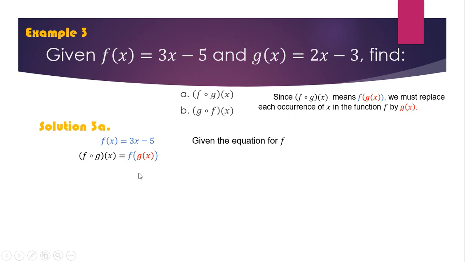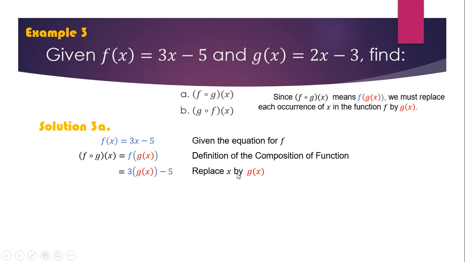And then since what is asked in letter A is f circle g of x, which is equal to f of g of x, wherein it is the definition of the composition of functions, then after that, we're going to replace x in the given equation for f, 3x minus 5, by g of x.